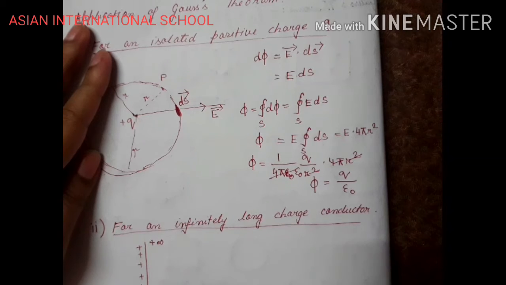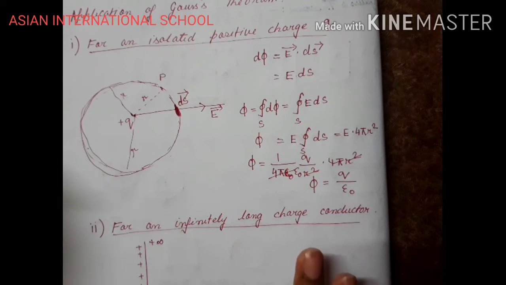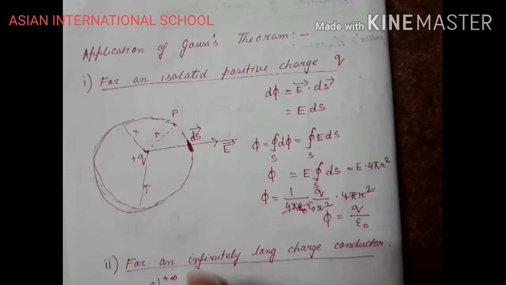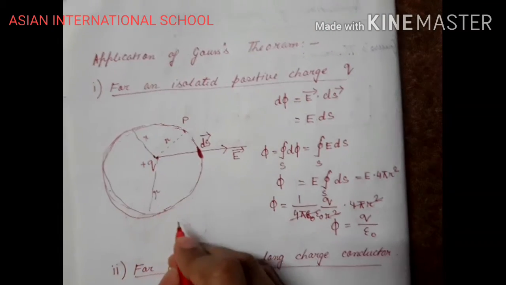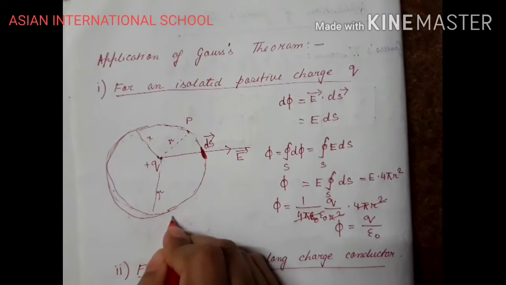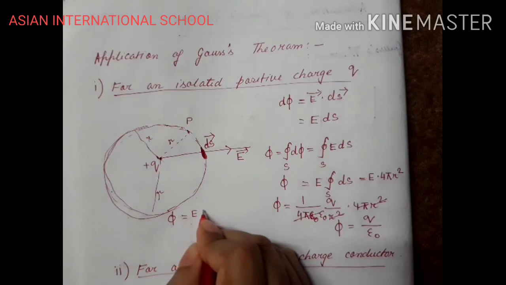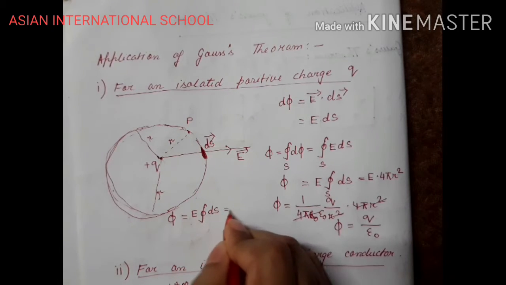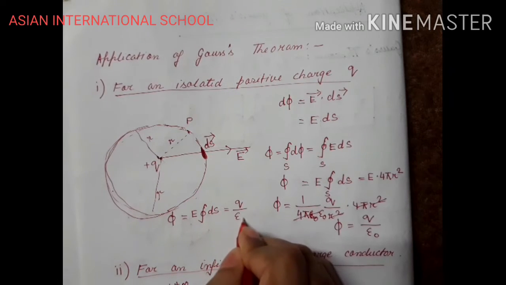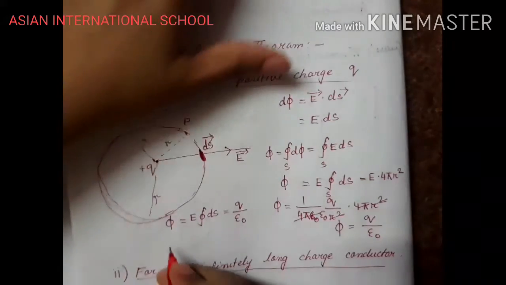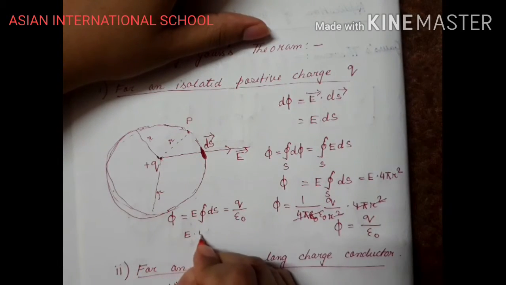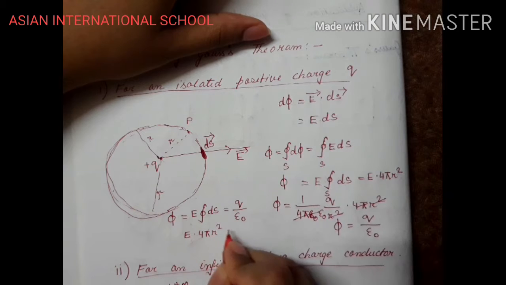Now, as I told you, we will be calculating electric field. So if I have to calculate electric field, what needs to be done? Phi equals the integral of E vector dot ds, which equals q by epsilon naught. So E into 4 pi r square equals q by epsilon naught.